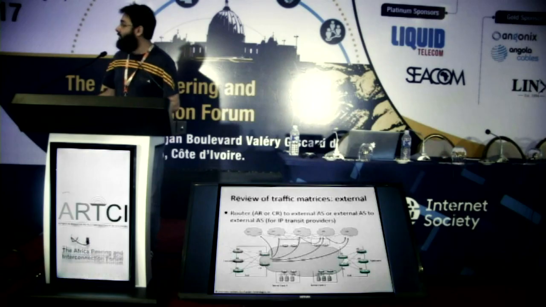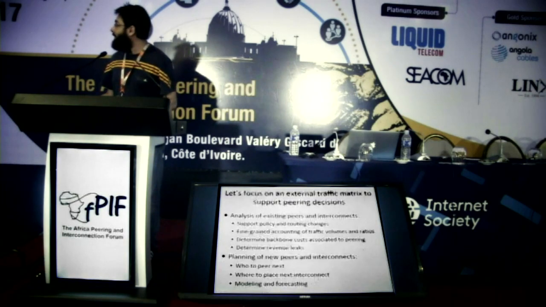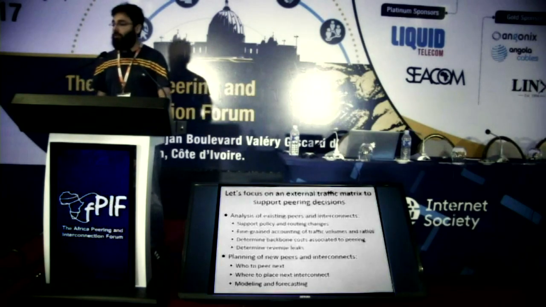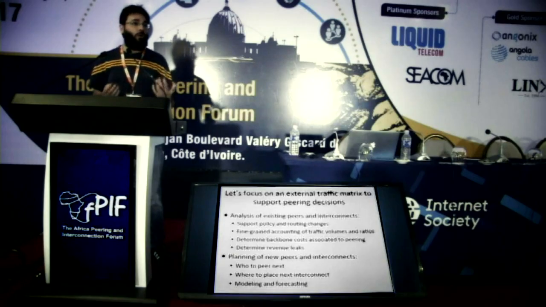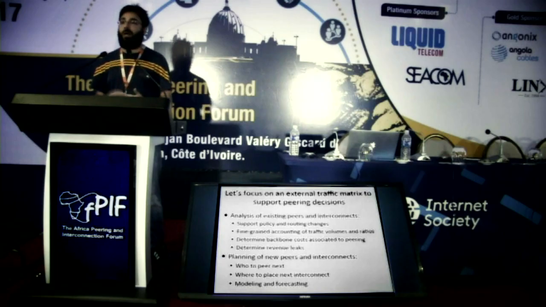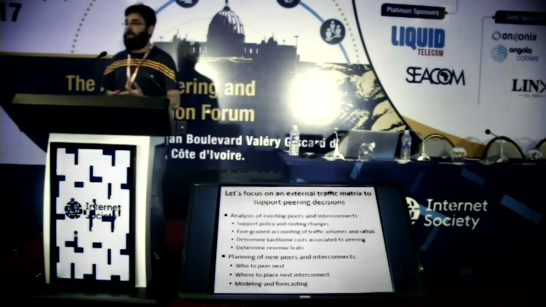So the traffic matrix will be richer, bigger in size, and contain more tuples. We focus on the external traffic matrix. Why? Because this is a peering forum, and we need information about transits, peers, and customers with BGP.